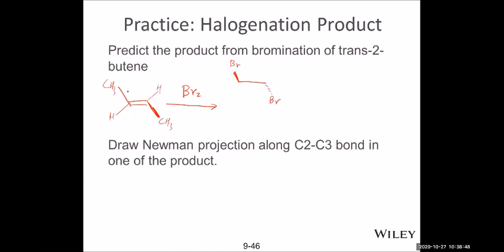The other bromine adds here from the other side with the dash. So this bromine I add from my side will make the wedge. That means the methyl group is pushed away, hydrogen is pushed away.